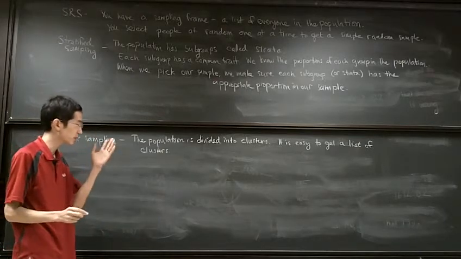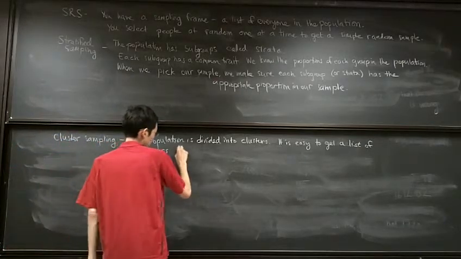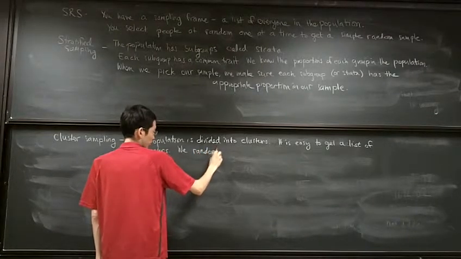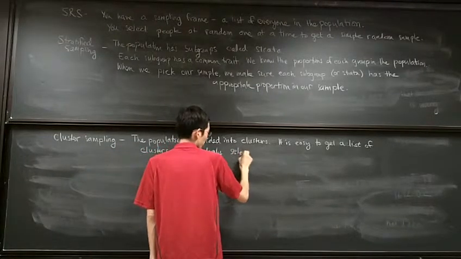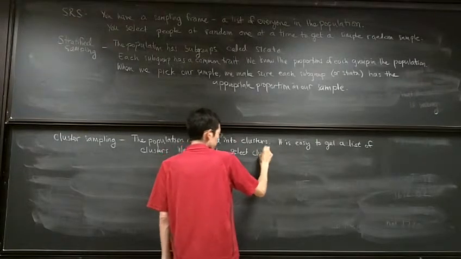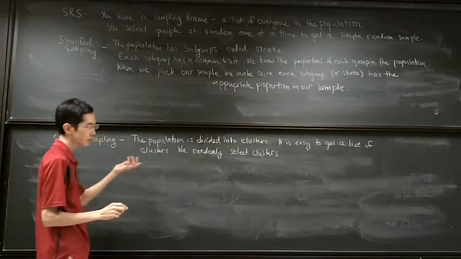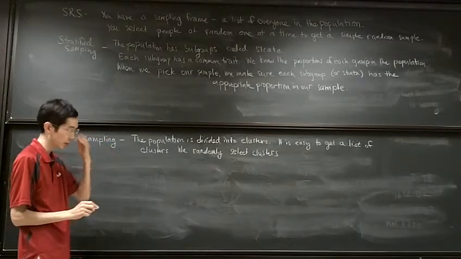What we do is we randomly select clusters and survey everyone within the cluster, or do simple random sampling within the cluster.